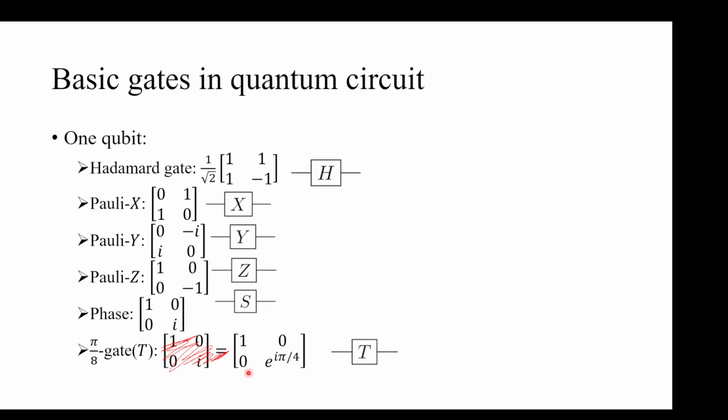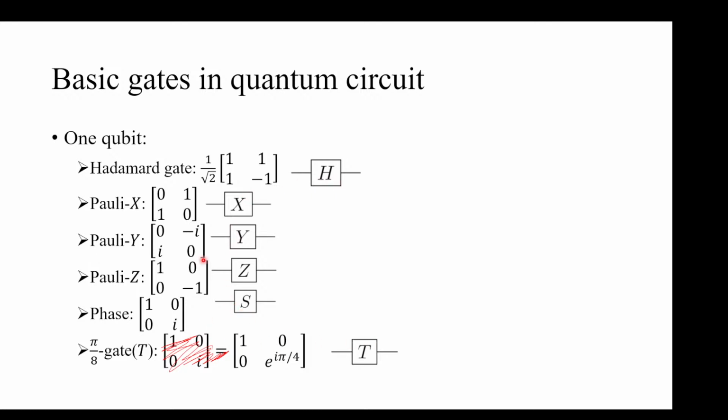So S gate is the phase gate, S for phase, and T gate, T for other reasons. It is called the T gate or pi over 8 gate. So we have those 1 qubit gates that are mostly used, used a lot, and we give them their own notation.